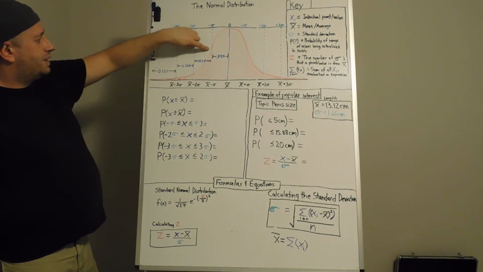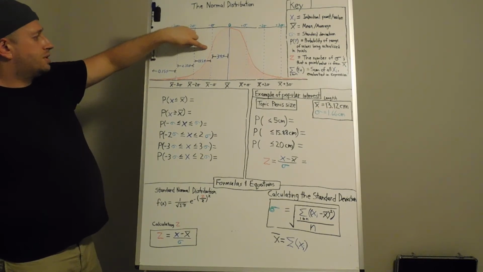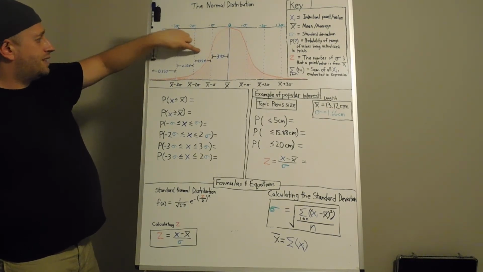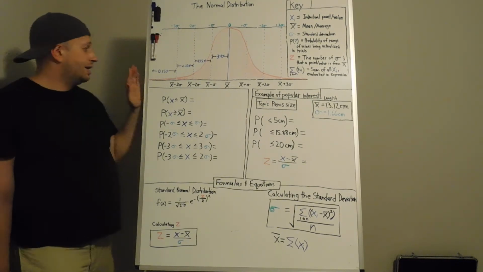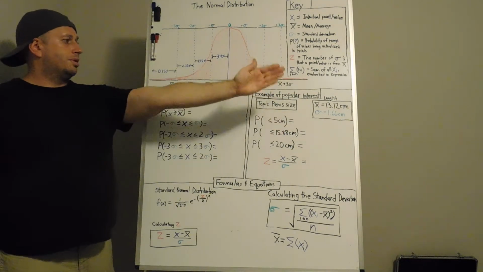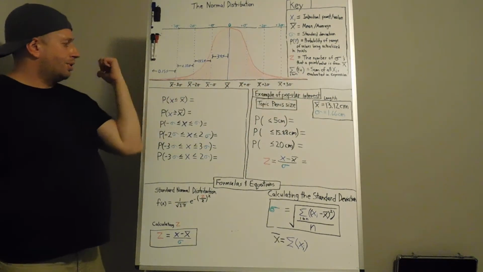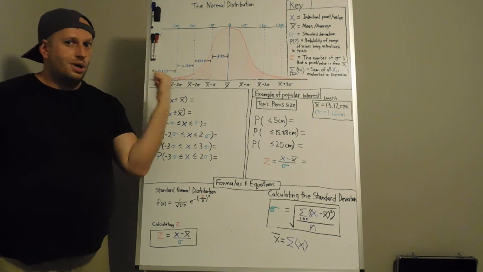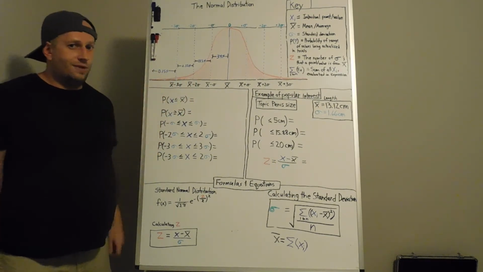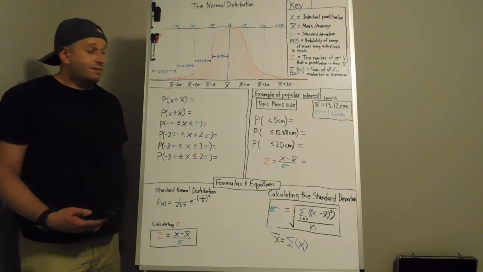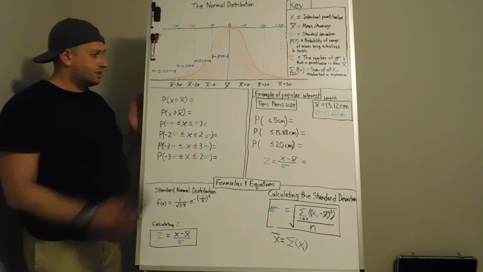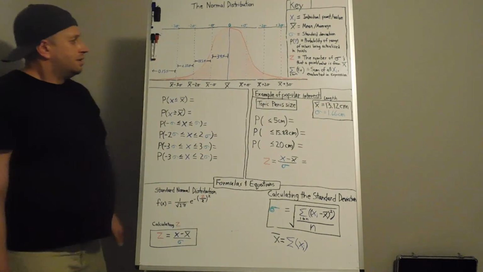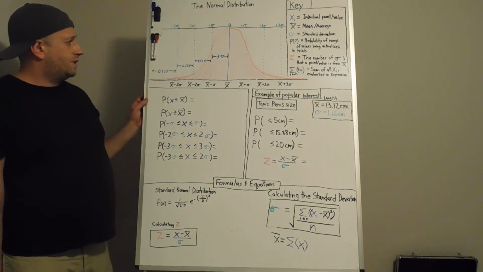Meaning that values after this point, they're still decreasing, but they're not decreasing as fast, and the rate at which they're decreasing keeps decreasing to the point where it's pretty much a straight line, like all the way to the Atlantic Ocean, all the way to the Pacific Ocean here, and it would just be pretty much the same value. The same probability of finding any value above this, almost. Just so you have an idea of what this looks like, because it goes on infinitely. So, moving on.